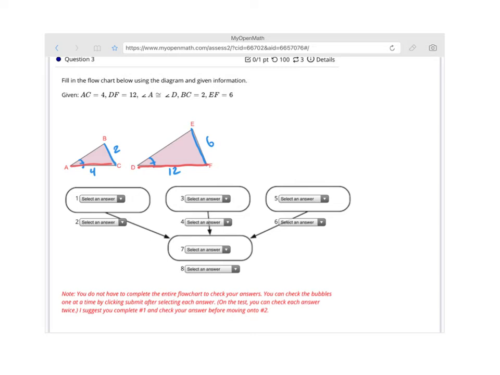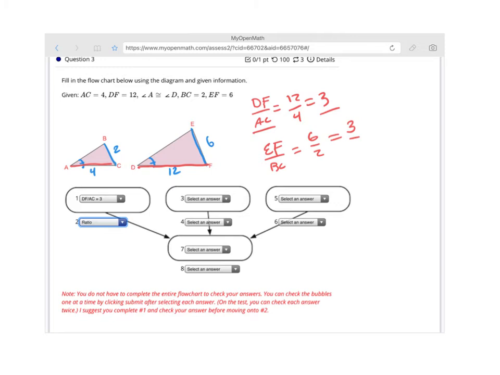Now, I also have EF over BC is 6 over 2, which also equals 3. So that's another thing I can put in there. And then I also know that angle A is congruent to angle D. So now let's enter that information into the drop-down menus. Let's start with DF over AC is equal to 3. The reason I'm going to use there is ratio, because I'm doing one side over another.